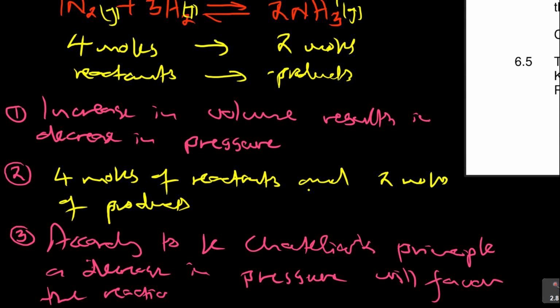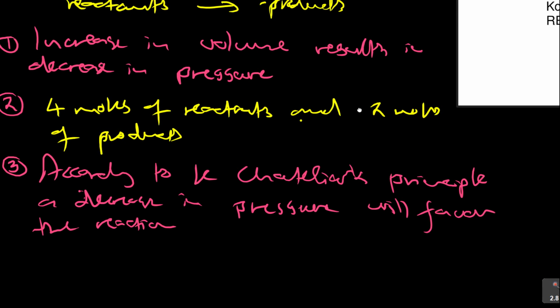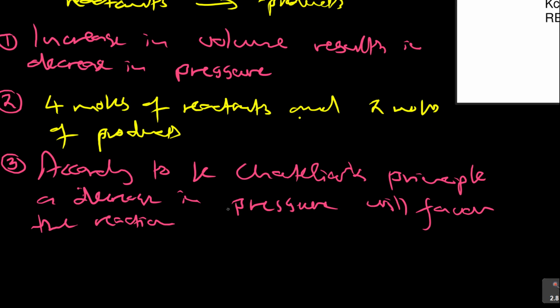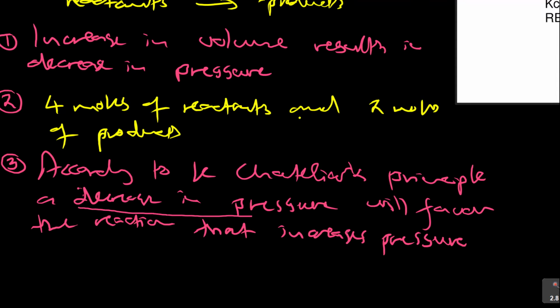Sorry, I keep on saying an increase. Remember, we just decreased pressure, so according to Le Chatelier's principle, the disturbance here is decreasing the pressure, so it will favor the reaction that what? That increases pressure. So it will favor a reaction that will increase pressure.